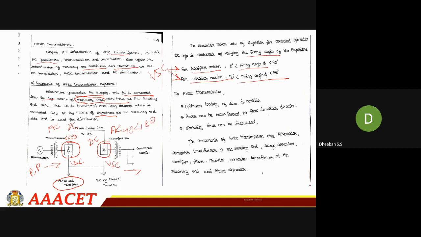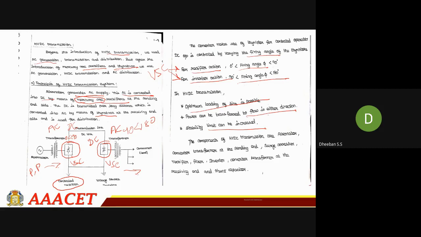In HVDC transmission, optimum loading of the line is possible, power can be transferred in either direction, and the stability limit can be increased more than in normal AC transmission.